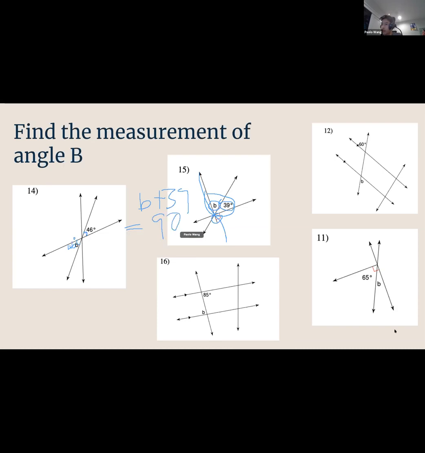So you just subtract 39 from 90, and then you get 51. B equals 51. Okay, so you can try the rest, 12, 16, 11, by yourself, and then we can check the answers after you're done.